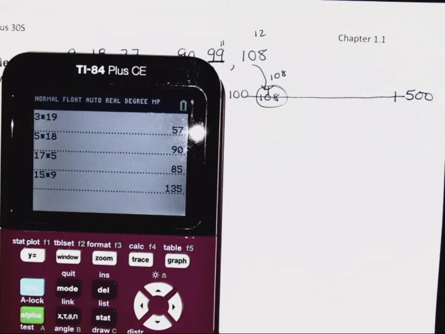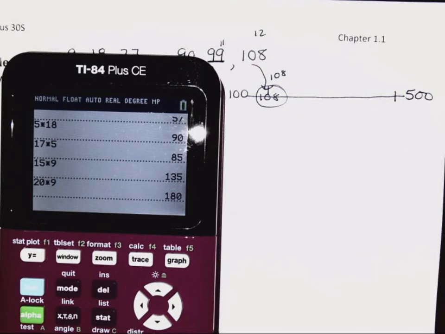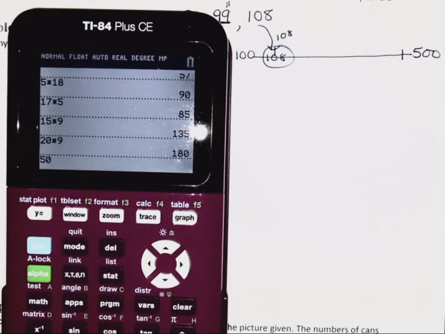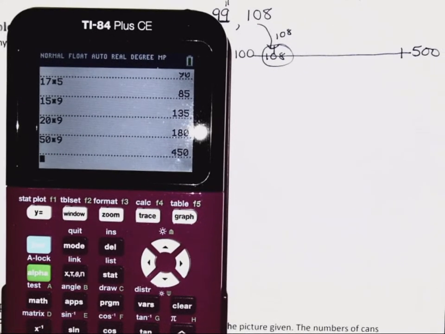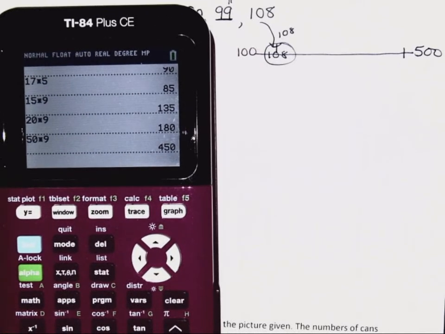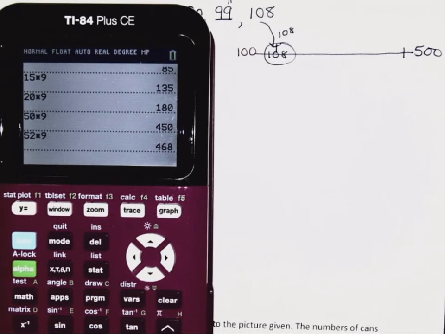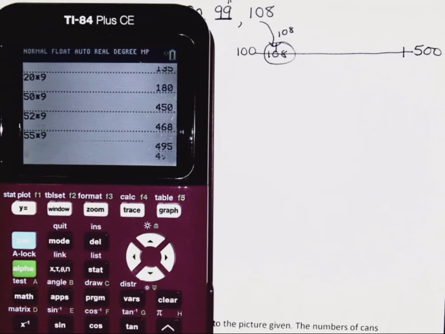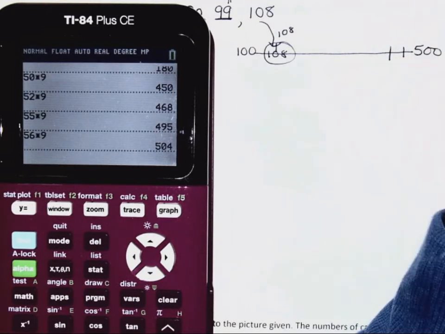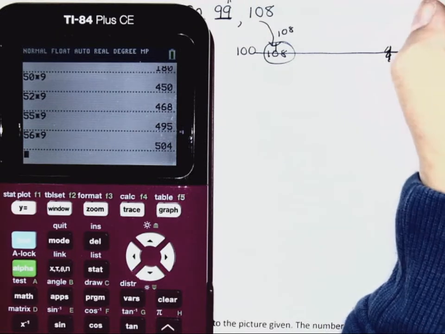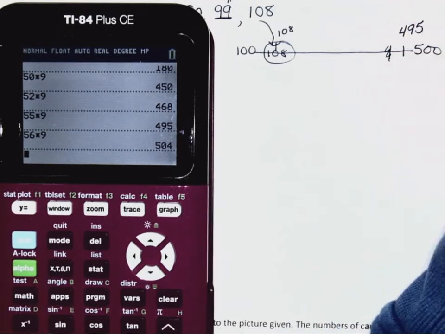Not even close. I've got to go bigger. What's 20 times 9? I've got to go way bigger. So let's do 50 times 9. 450. Okay, I'm getting closer. 52 times 9 is 468. 55 times 9 is 495. I bet that one's it, but I'm just going to double check. 56 times 9. Okay, so we know that the closest number to 500 is 495.